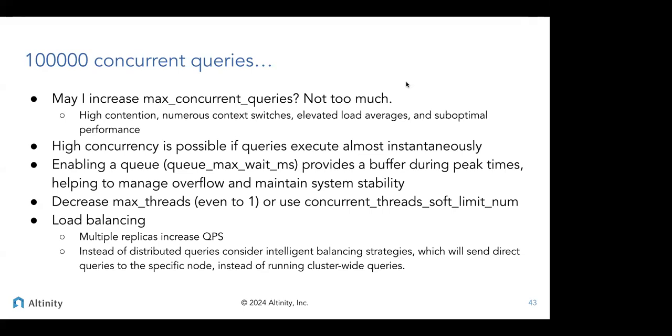I'll not stop there. Also about load balancing. If you need to deal with a lot of concurrent queries, usually you need to have more replicas, more than one for sure, most probably 2, 3, 5, whatever. And just using distributed queries can be painful in those scenarios.